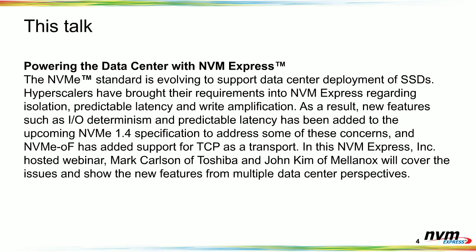As a result, new features such as I/O determinism, predictable latency and endurance groups have been added to the upcoming NVMe 1.4 specification to help address some of these concerns. In addition, NVMe over Fabrics has added support for TCP as a transport and fabric. In this webinar, Mark Carlson of Toshiba and John Kim of Mellanox, which is me, will cover the issues and show the new features from multiple data center perspectives.